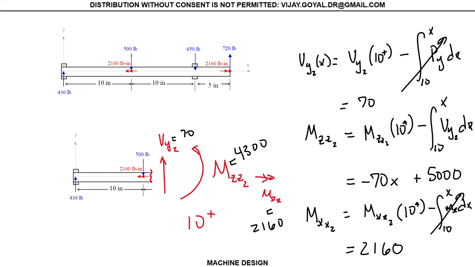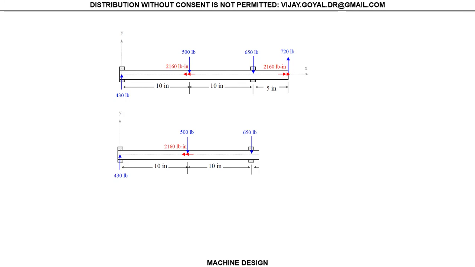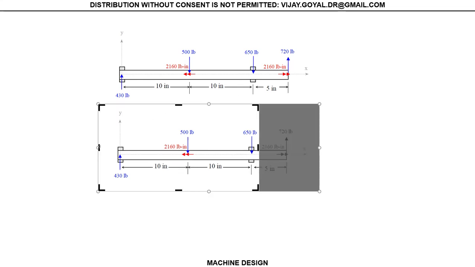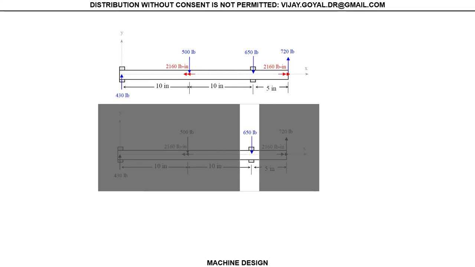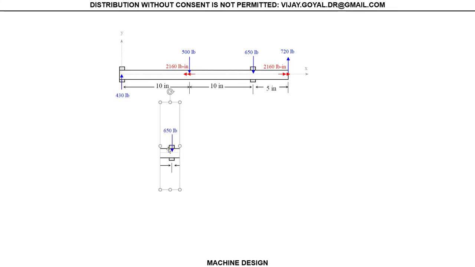So now we move on to the third section, and we do exactly the same thing, but now I need to repeat the same process I did before. I need to find what the loads and the moments are here at 20 minus.